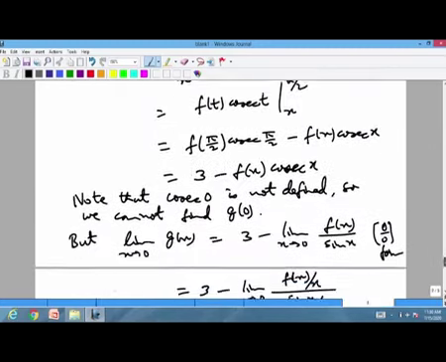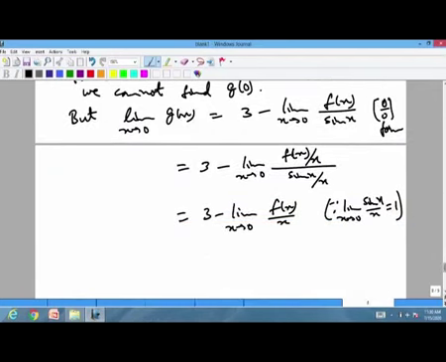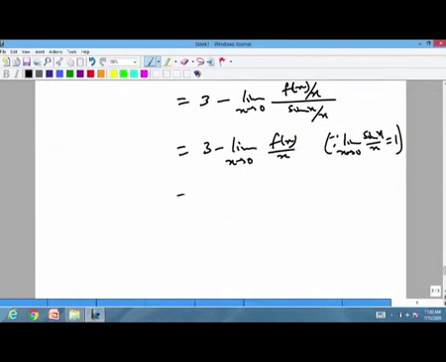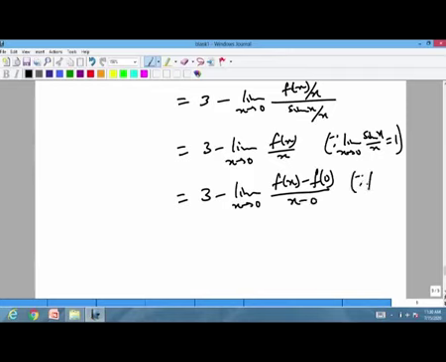So, this is equal to 3 minus the limit as x tends to 0 of f x minus f 0 by x minus 0. This is because f 0 is given to be equal to 0.